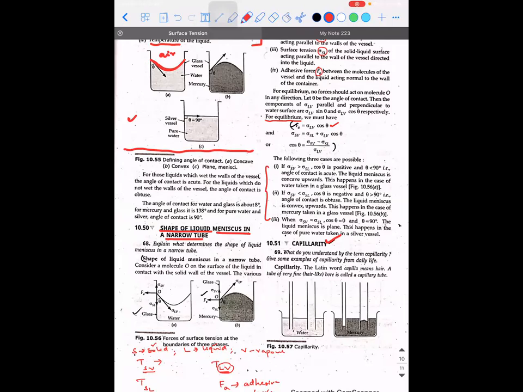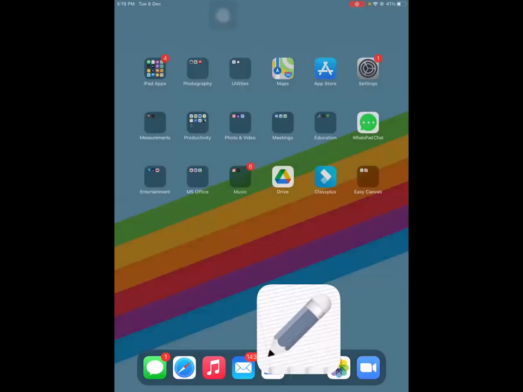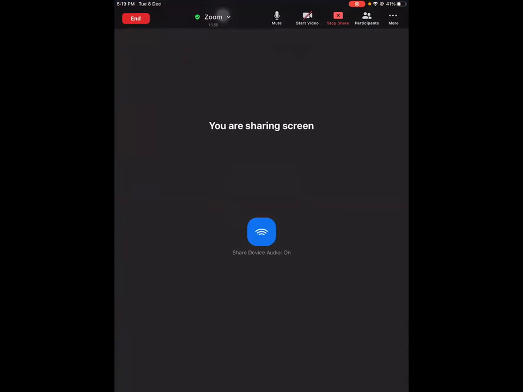Are you done? Done, guys? Done, sir. Okay. So with that, the angle of contact and the shape of the liquid meniscus is over.